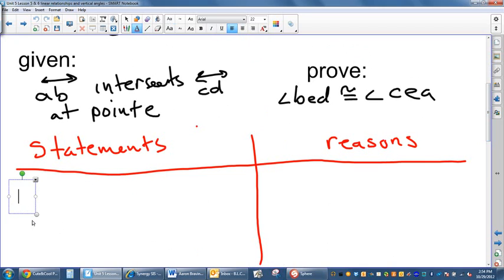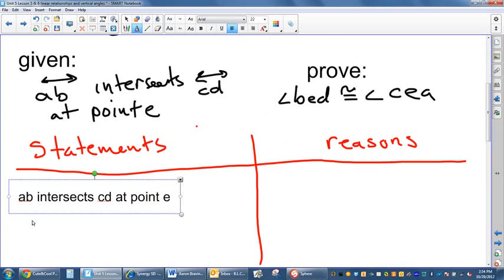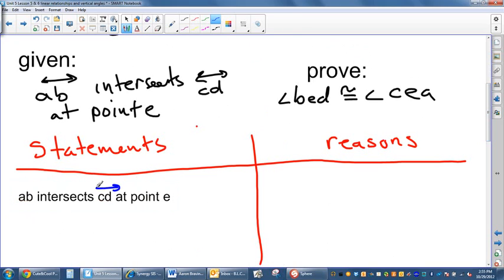Jason? Yeah, same thing, given. So we have that line AB intersects line CD at point E. And just like Jason said, that was given. We have a line here, a line here.